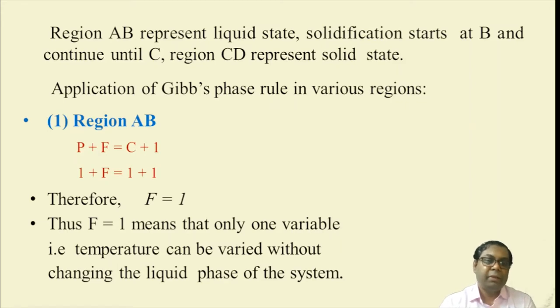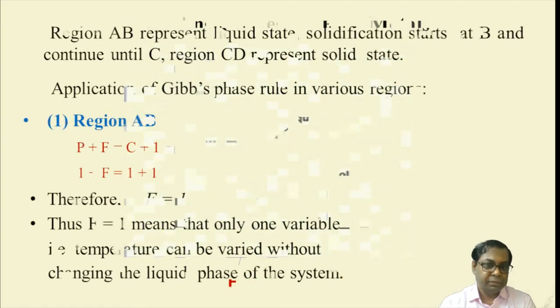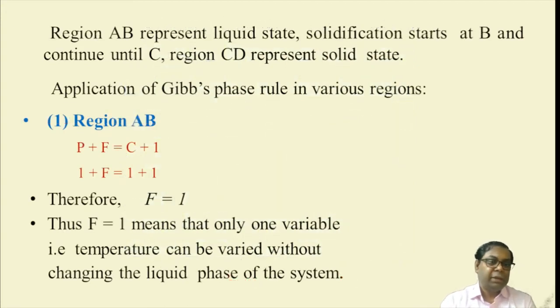The first region, that is region AB, we get P plus F equal to C plus 1. So P over here, that is a single phase material, so P equal to 1. F equal to 1 means that only one variable, temperature, can be varied without changing the liquid phase of the system.